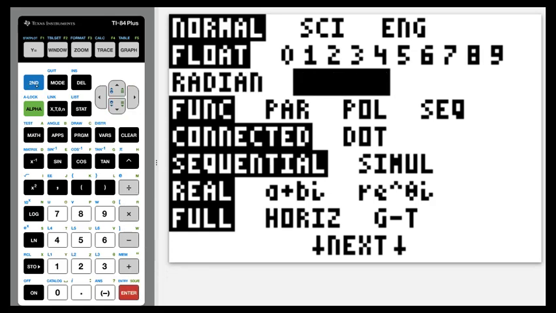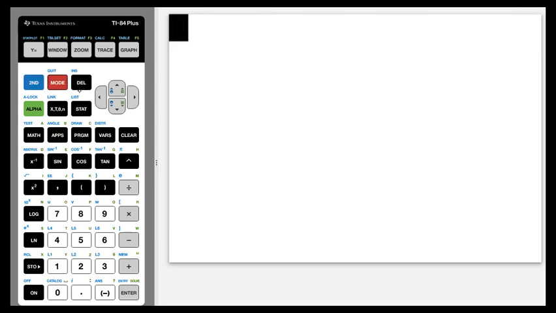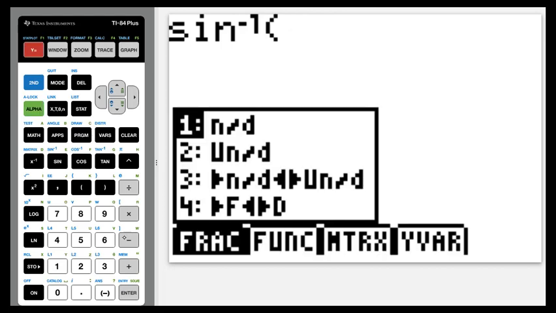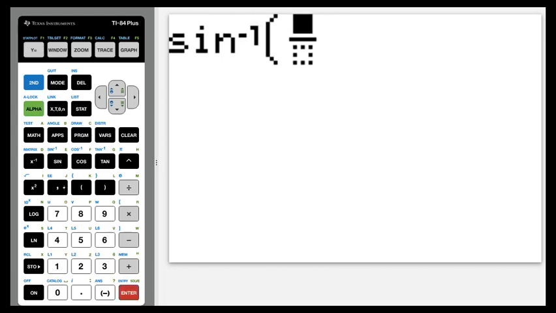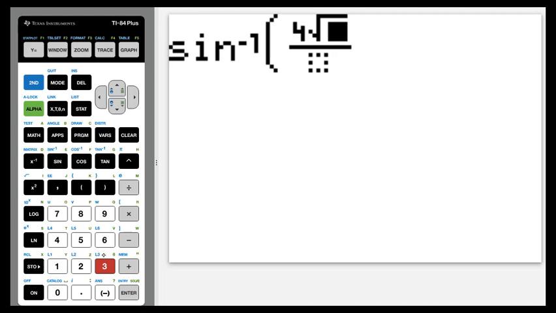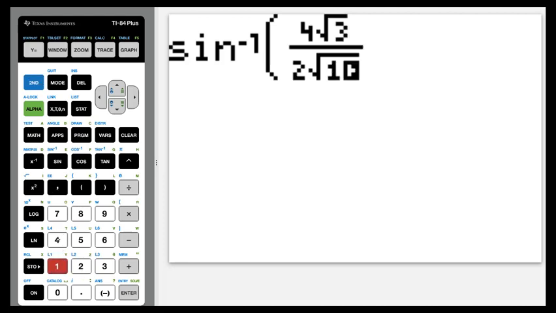Enter. Then quit. So you will do second, sine, inverse sine. Top will be 4 square root 3. Then the denominator will be 2 times the square root of 14. Parentheses back, enter.